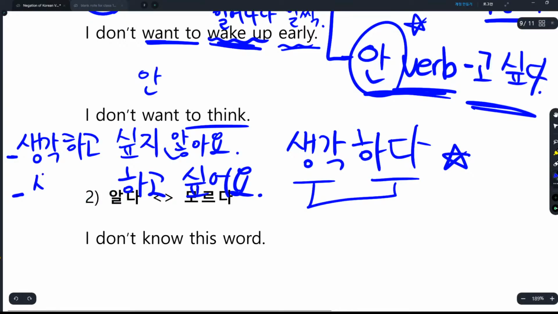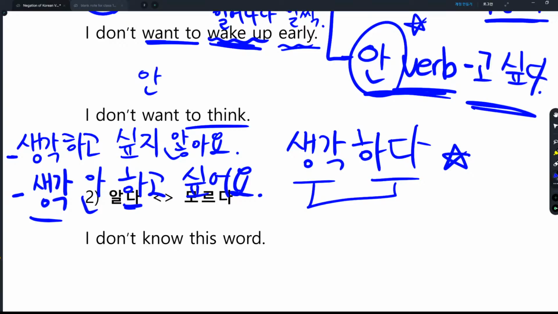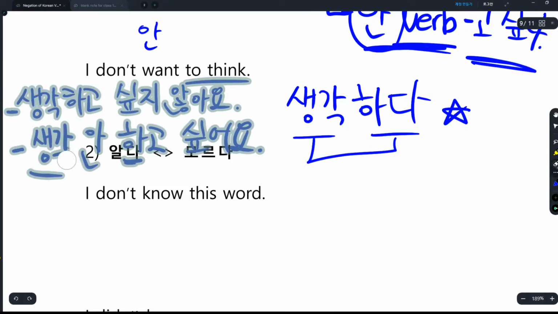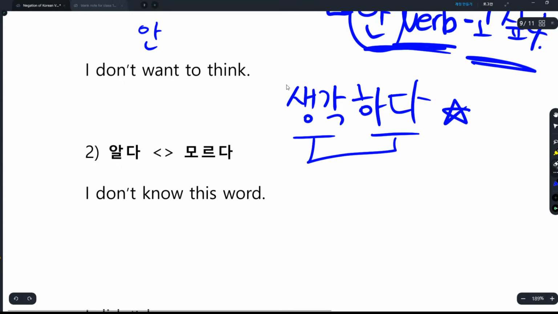So the correct way would be separating 생각 and 하다 and saying, 생각 안 하고 싶어요. I don't want to think. 생각하고 싶지 않아요. I don't want to think about it, or I don't want to think. It's like thought itself. I just want to rest. Okay, so that's how you can negate 고 있다 and 고 싶다.